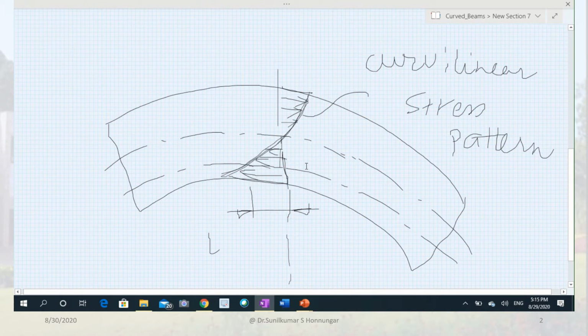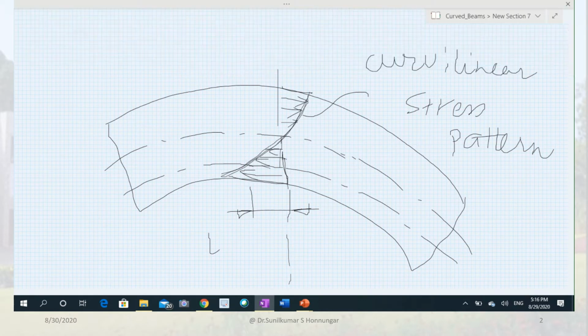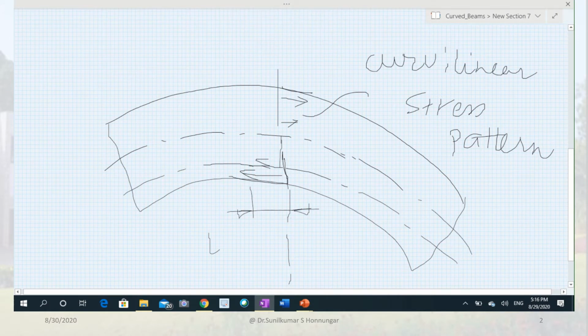In fact, I think I made a mistake over here, one second, I'll just remove this. So what I can say is this particular stress pattern is with respect to this.